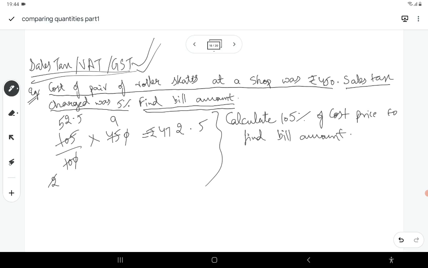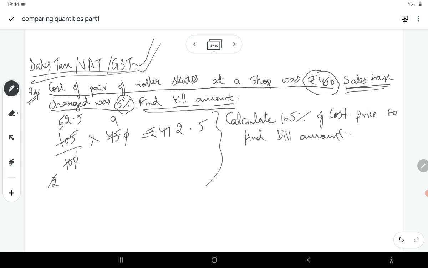So it is said that 5% tax is charged. As I have also explained in one of the previous examples, 100% of a thing is the thing only. So if we calculate 100% of 450, it is 450 only, and sales tax is charged on it.